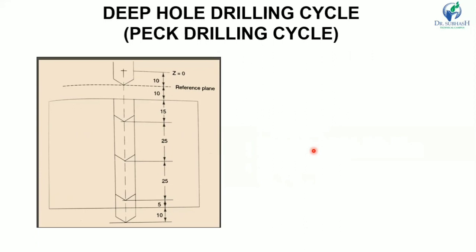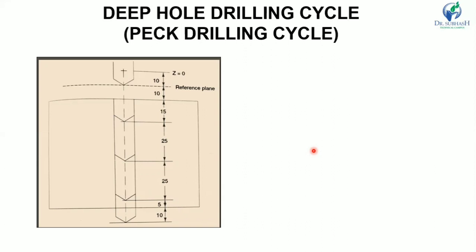This is called peck drilling. In the CNC machining center, this peck drilling cycle is available. By using it, the drill is retracted up to the reference plane at rapid feed rate every time after drilling the hole to a specified incremental depth.